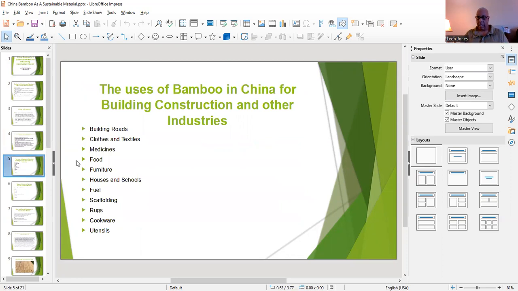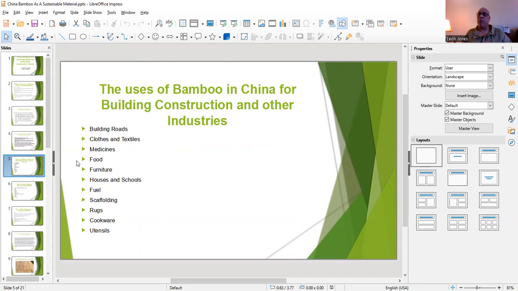Now, I got everything out of the way, such as how I would sell this new product, how it's transported. Let's talk about the uses. Again, now I talk a lot about construction, but in China, bamboo is used not just for construction, but other industries.